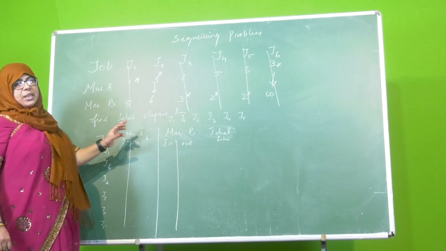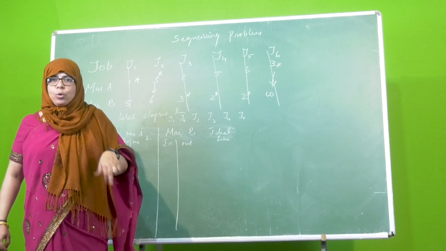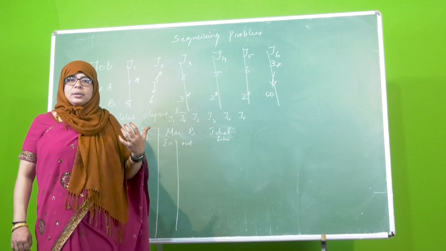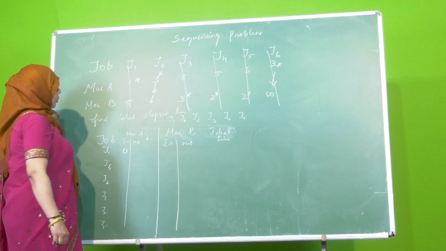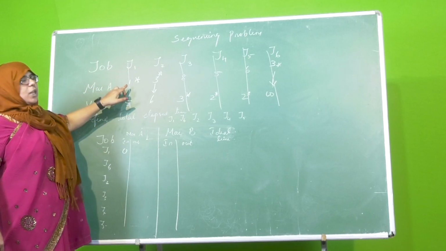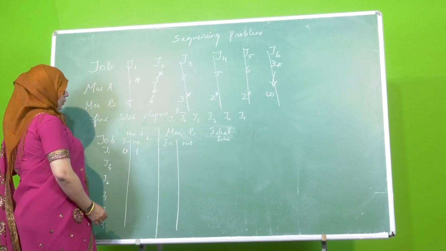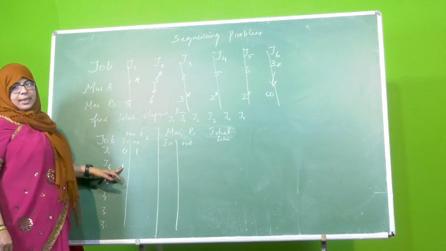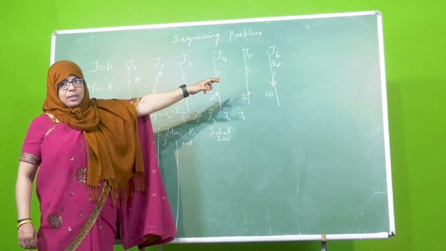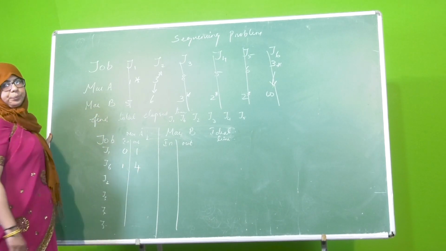So job 1, machine A in. Before we start the work, what is the input value? The time is 0. In machine A, J1 is 1, so 0 plus 1, 1, and you write this on that side. J6, machine A, is 3, so 1 plus 3, 4.